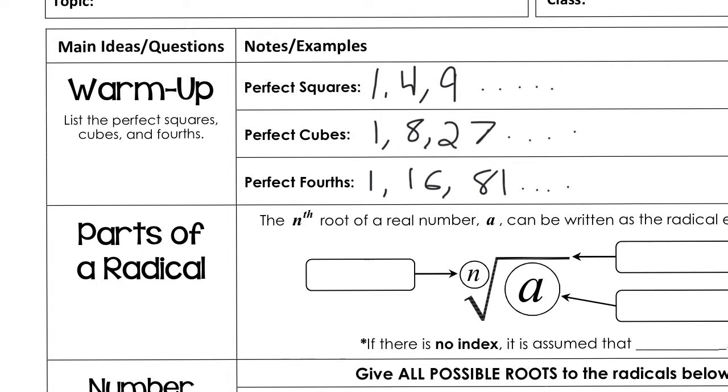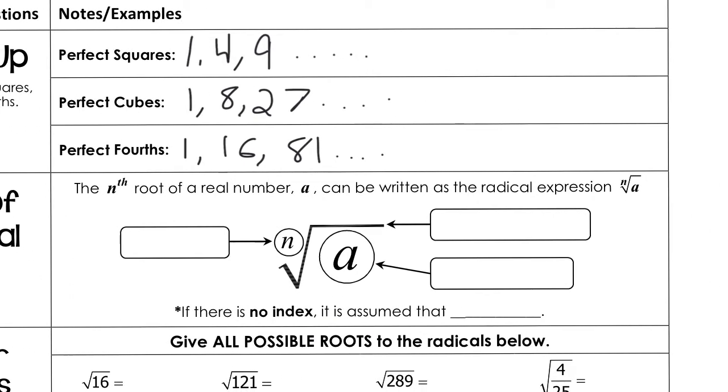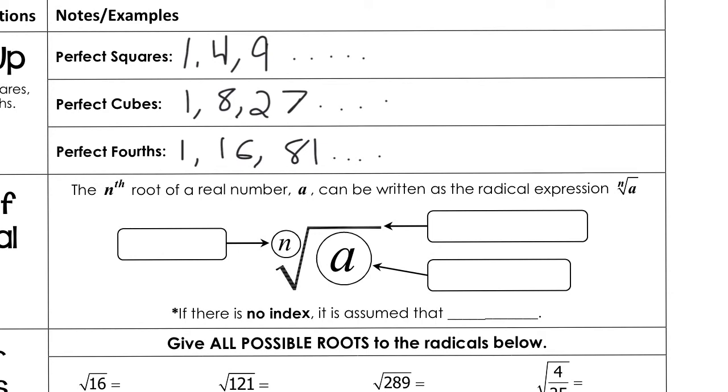So now let's look at parts of a radical. Okay, it says the nth root of the real number a can be written as the radical expression, and that says the nth root of a is how we would say that. Okay, so this n is called our index, I-N-D-E-X, index.